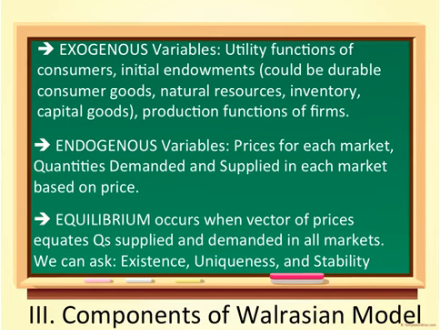And if it does, you could also ask, is it unique? You can have examples where, given the same exogenous variables, there are multiple equilibria. So there's not just one set of prices that causes equilibrium, but there are multiple sets. And the equilibria could be different too, so the quantity supplied and demanded in each market could be different based on which particular equilibrium we're in.